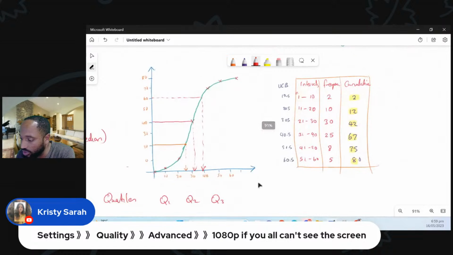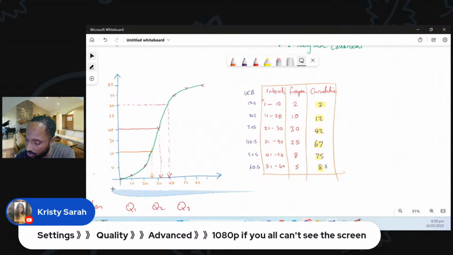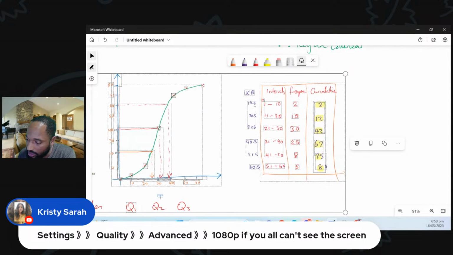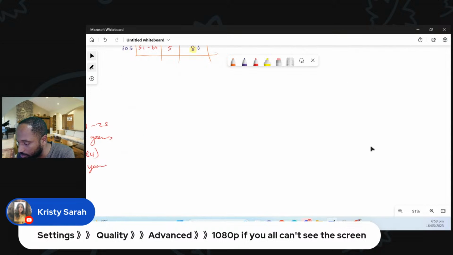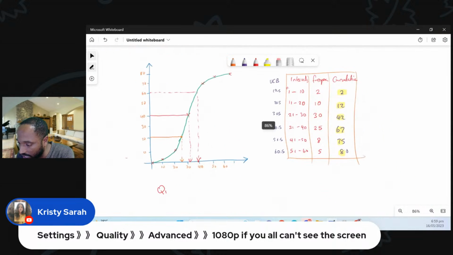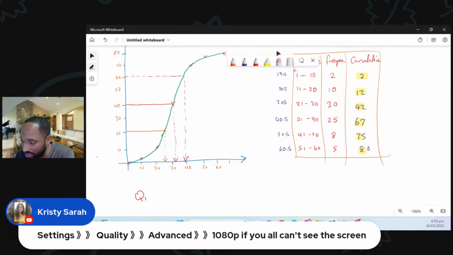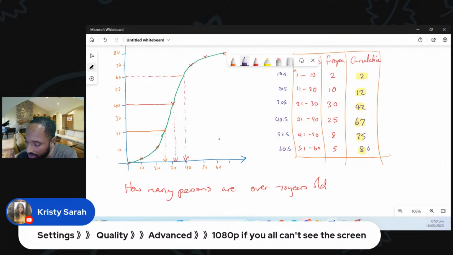So what else can they ask you with cumulative frequency? Let's take back our graph and see what else they can ask us. There's almost a guarantee that they'll ask you how many persons are over a certain age, say 70 years old.